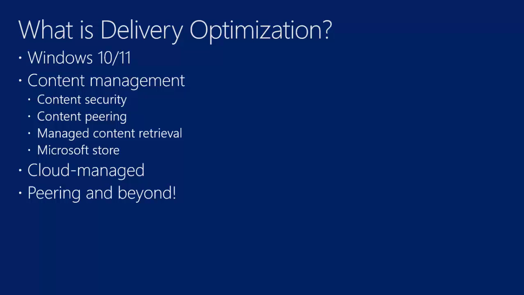But since it's just started downloading, you need to get the other range of bits from the web. And so partial download will come from a peer, partial download will come from the cloud, right? And there's variances in how you can even do that. But that's all handled by the delivery optimization service, which is a cloud service, and it's really cool to be able to orchestrate how all of this works, right?